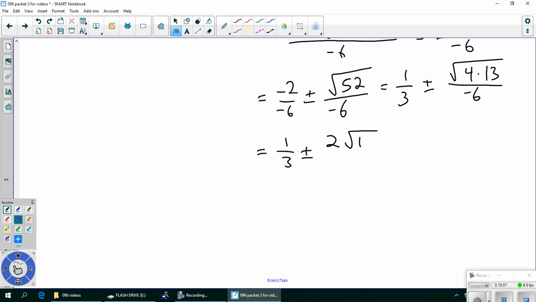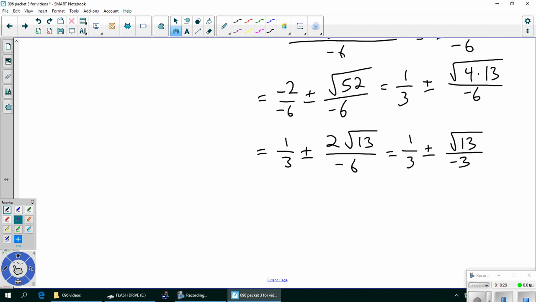The square root of 13 isn't going anywhere, divided by negative 6. So we get 1/3 plus or minus, okay, so 2 over negative 6 is really 1 over negative 3. I won't write the 1, but we have to write the negative 3. So there you go. That's the simplified version of the x-intercepts.